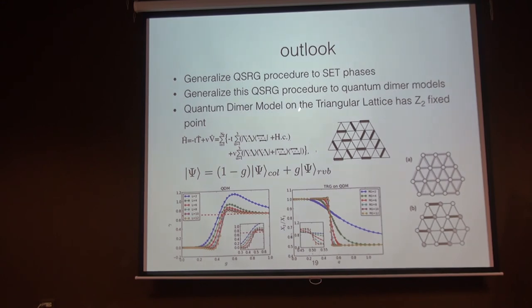By using the quantum state RG, we can find the transition point. And here I put my wave function on a cylinder, so we can get the reduced density matrix and the topological entanglement entropy gamma, but it seems hard to determine the transition point.